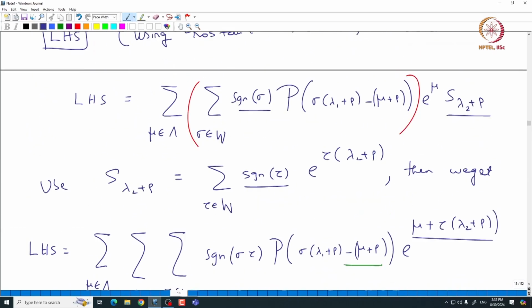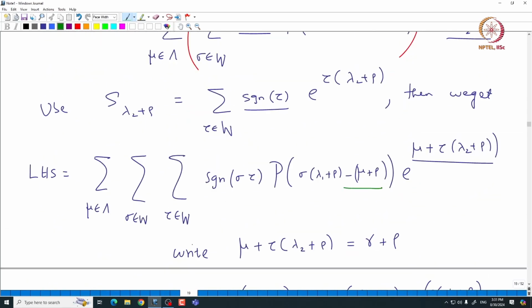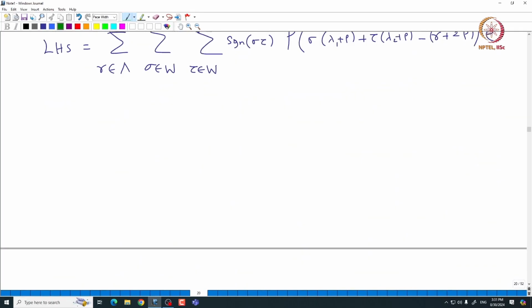Now we need to look at what we get on the right hand side. The right hand side is nothing but the summation of n of lambda S lambda plus rho. Now we can again use the expression of S lambda plus rho and rewrite what is there on the right hand side. Let us try to do it slowly. The right hand side is the summation of n of lambda S lambda plus rho, where lambda runs over lambda plus.